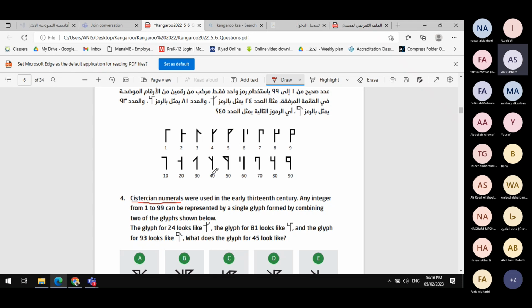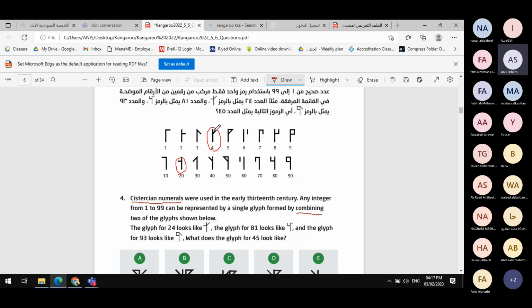Okay, so before going into the problem, we are going to compare using those. Of course, 24: if we take the 20 and then take the 4, we obtain those two numbers. By combining them, we obtain this shape.